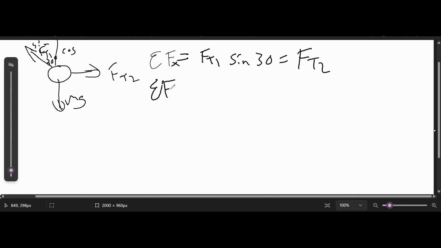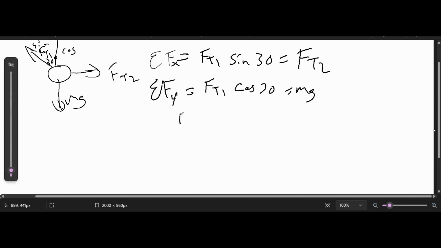Because it's not accelerating in the y direction, that means the vertical component of FT1 is equal to mg.